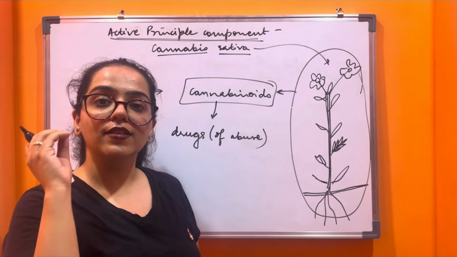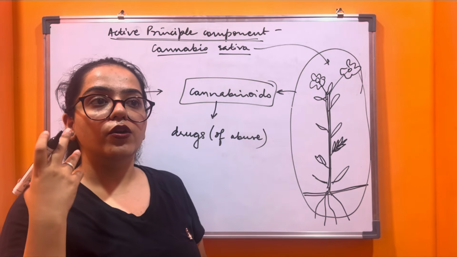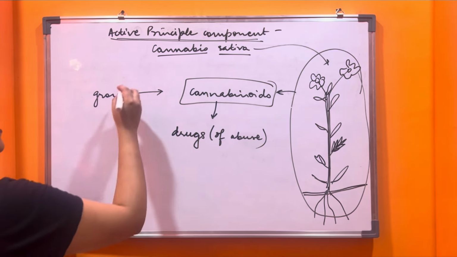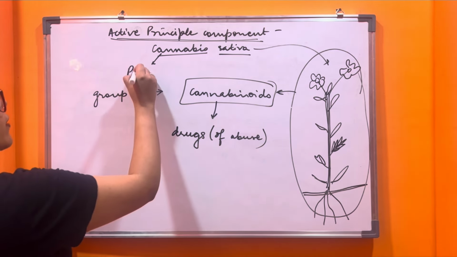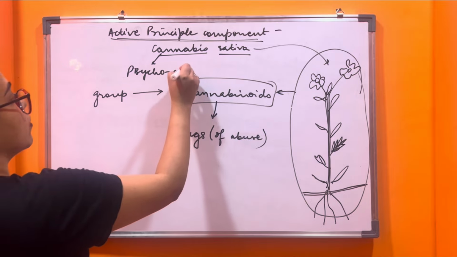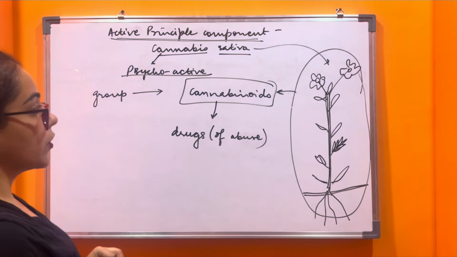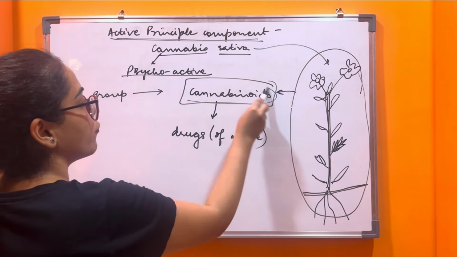In the case of Cannabis sativa, it is a psychoactive drug. So it acts on our brain, on our central nervous system.